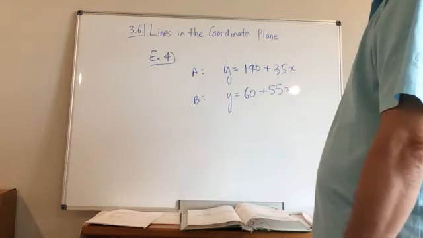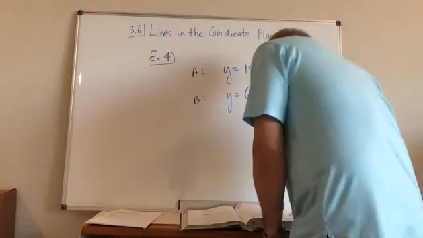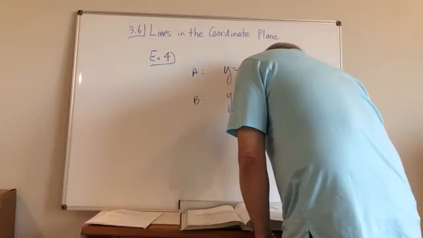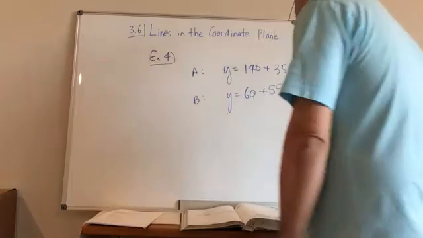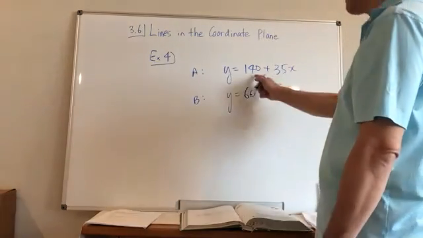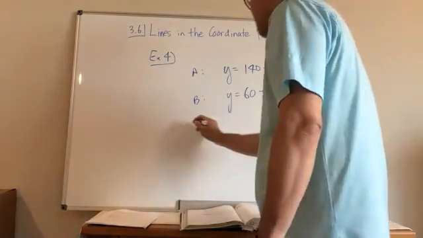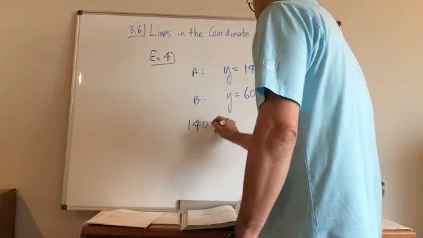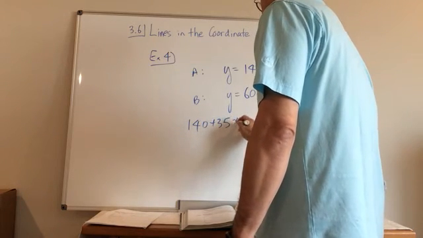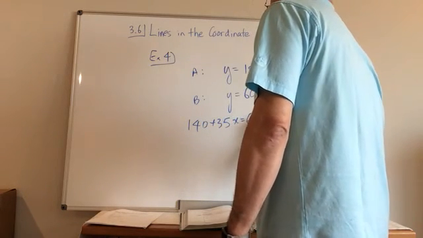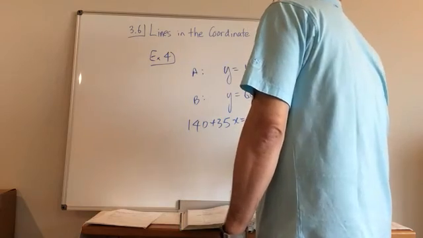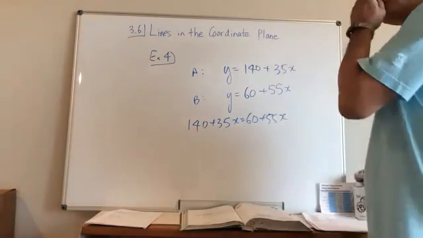So the question asks, after how many months will both plans' costs be the same? So both of these have to be equal after x months. If I set them equal to each other, this is what I'm going to get.